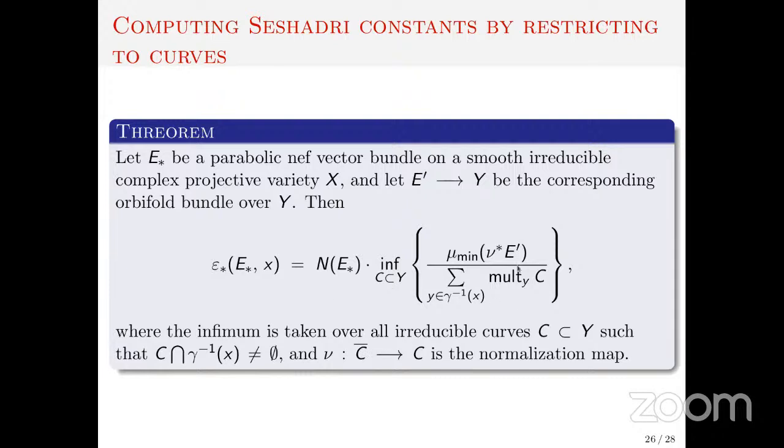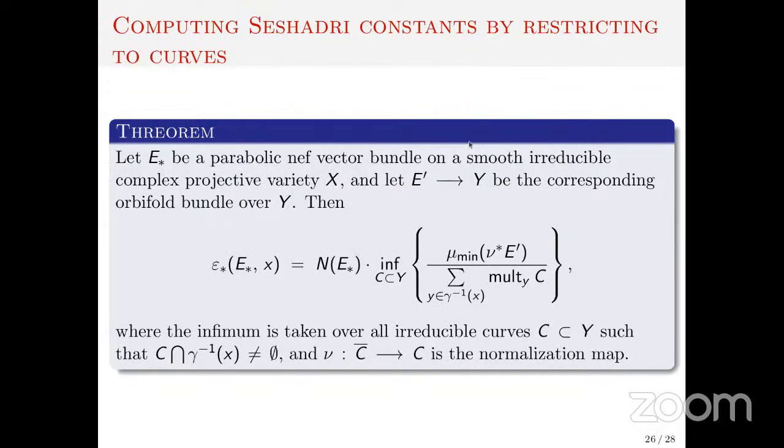So eventually you are computing the parabolic Seshadri constant by going to the normalization of the irreducible curves of the orbifold bundle on Y. So you have to just consider the mu min of nu star of E prime restricted to every curve. So this result is useful to prove some of the things that are going to follow.